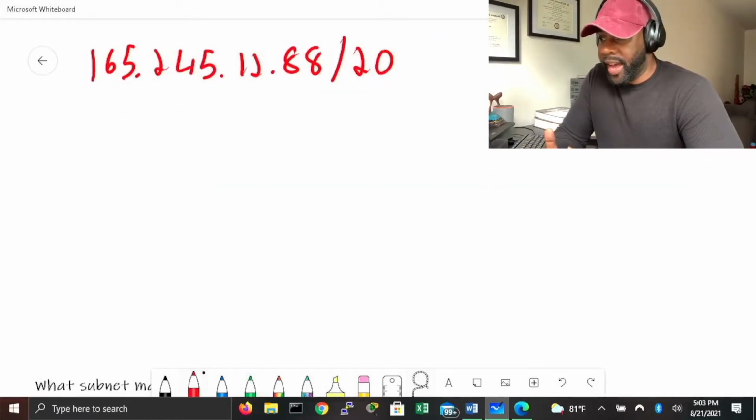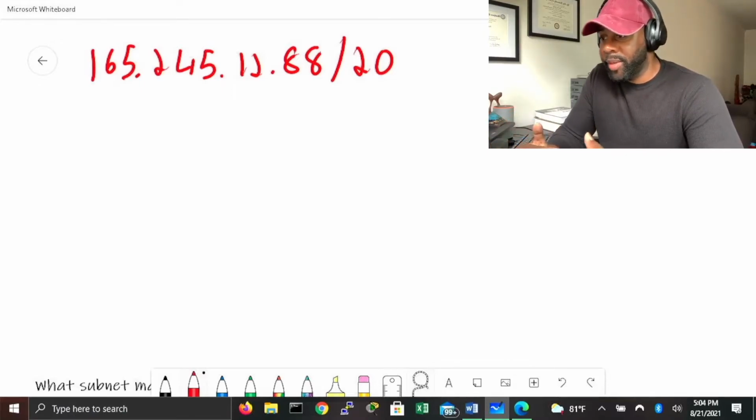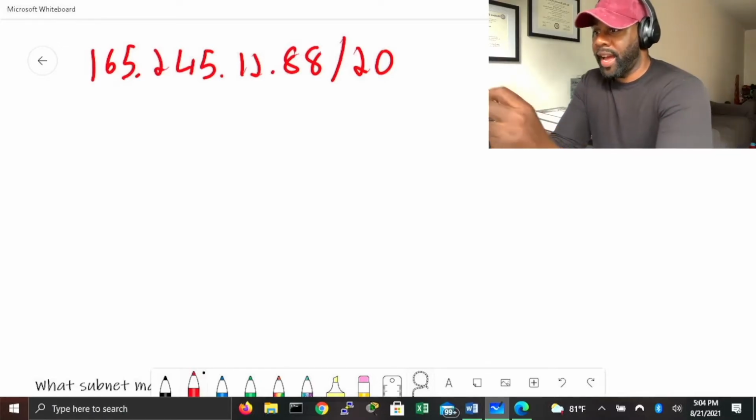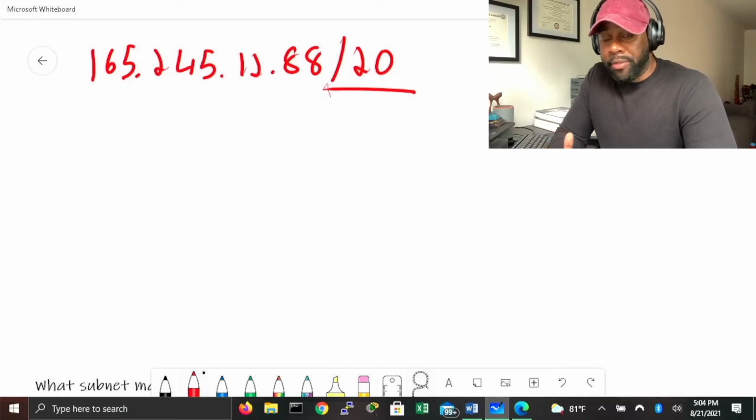So here we have the IP address of 165.245.12.88 with a /20, right? So this is where our conversion magic is going to come into play. And we can use our fancy little table to tell us what's going on.